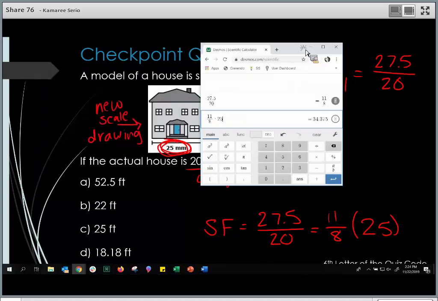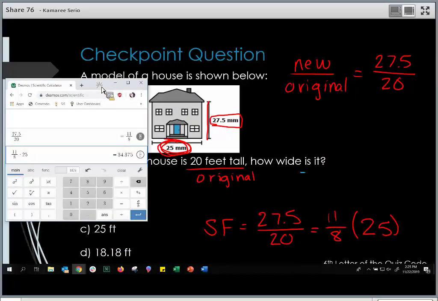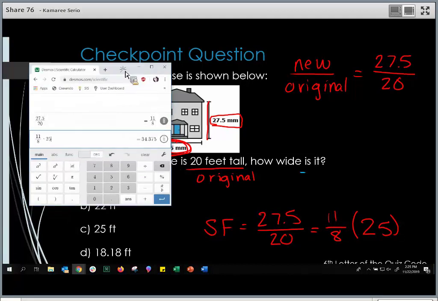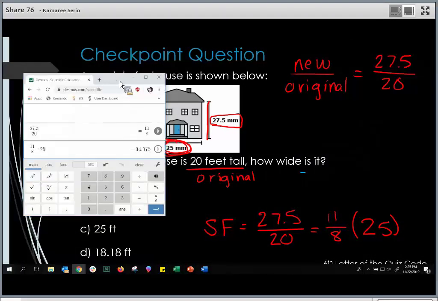I think I'm missing a step here. What's happening in my brain? It's a Friday afternoon. Do any of you guys have this happen on Friday afternoons?